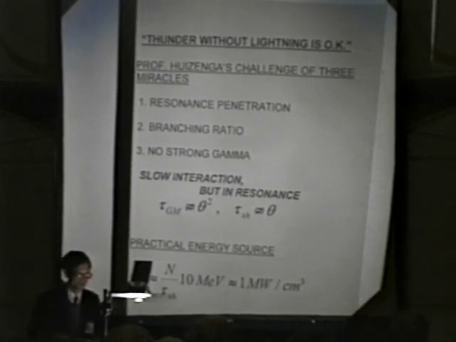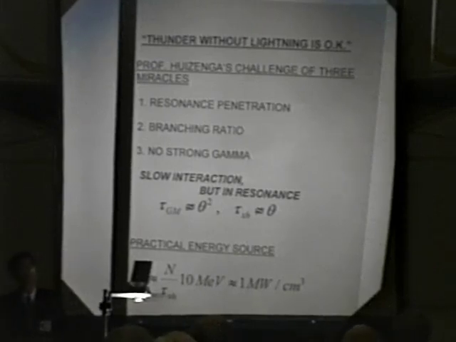Second, this branching ratio should not be equal to 1 because we are talking about a kind of slow interaction. It's not a strong interaction, because strong interaction will kill the wave in several bonds. There is no chance to be in resonance.